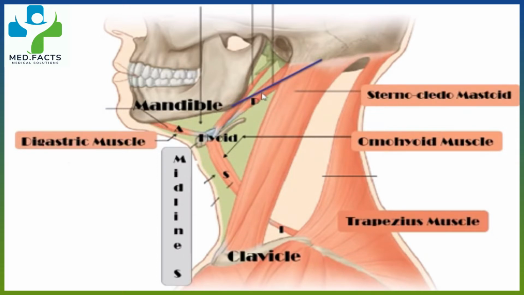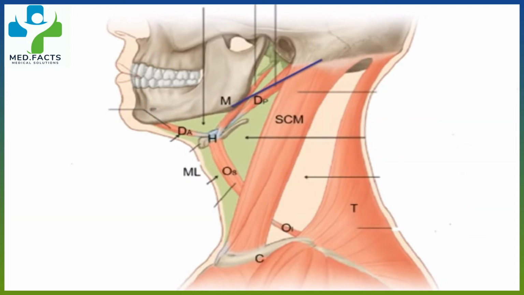This is what you are supposed to remember, and if you remember these, inshallah you can write the boundaries of any triangle. I have put these same names in a simplified fashion. So the 2 lines are the midline structures here in the front, and this is the imaginary line drawn from the angle of mandible up to the mastoid process. 3 bones: the mandible here, the hyoid bone here, and the clavicle.